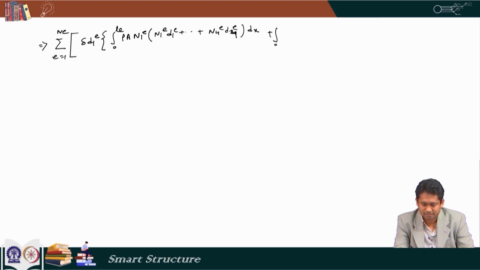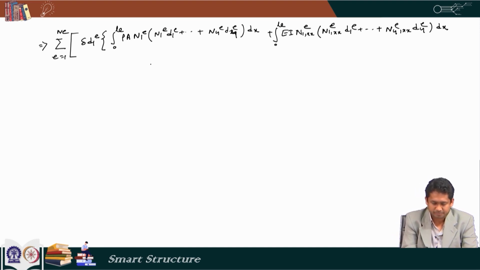Similarly, I have again 0 to LE EI multiplied by N1E comma XX multiplied by N1E comma XX times D1E plus up to N4E comma XX multiplied by D4E, dx. And then we have 0 to LE PZ multiplied by N1E, dx.